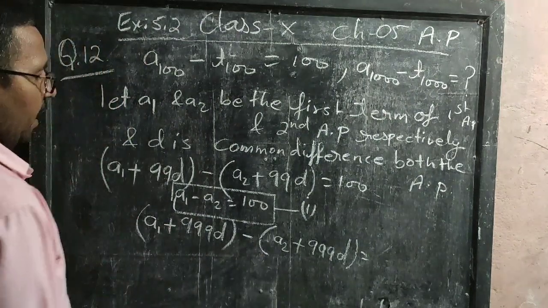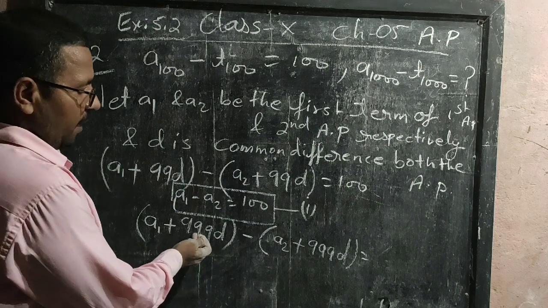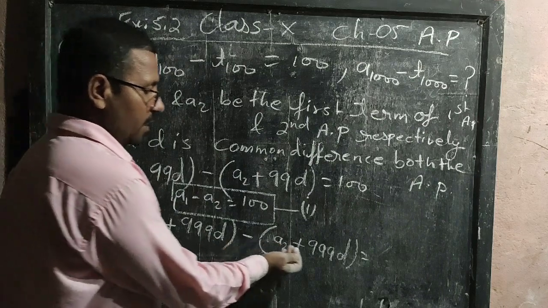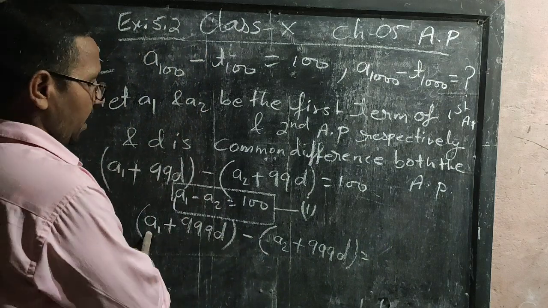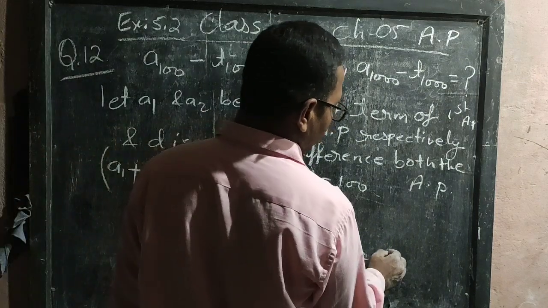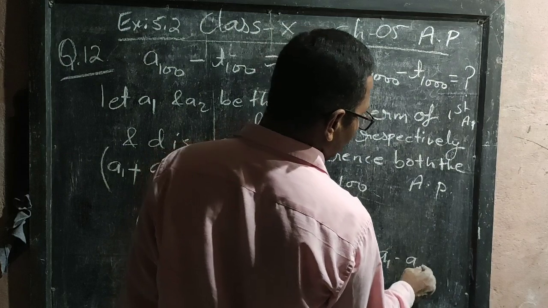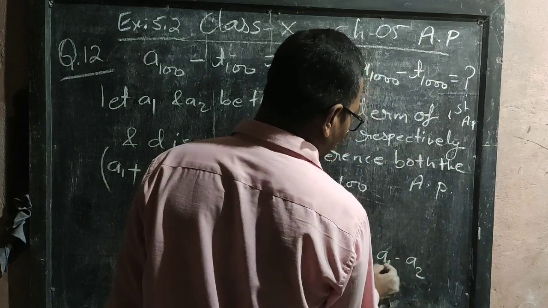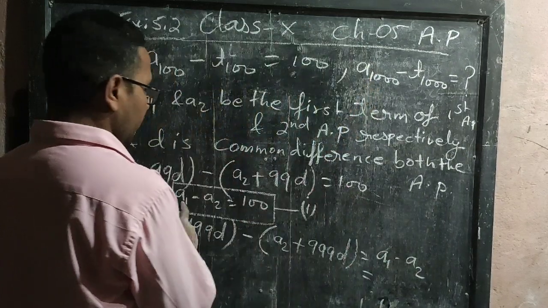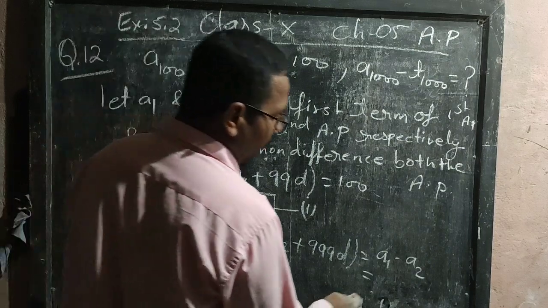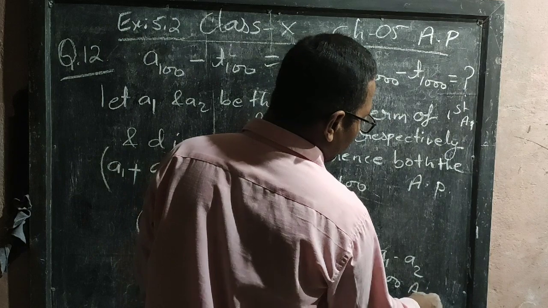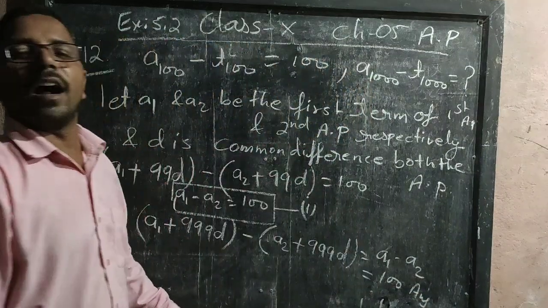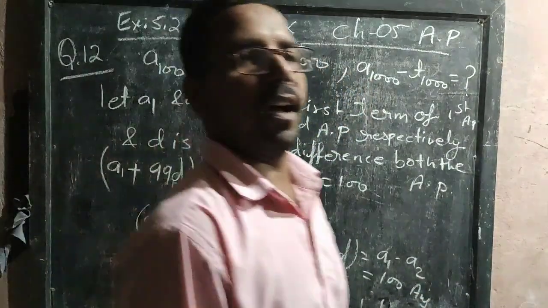Plus 999D minus 999D cancel. So what do you get? A1 minus A2. What is the value of A1 minus A2? 100. So the difference between the 1000th terms is 100. So we have got the answer.